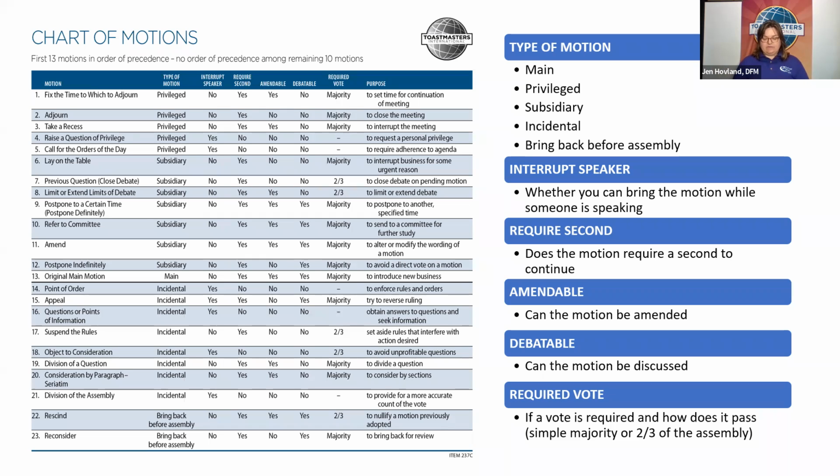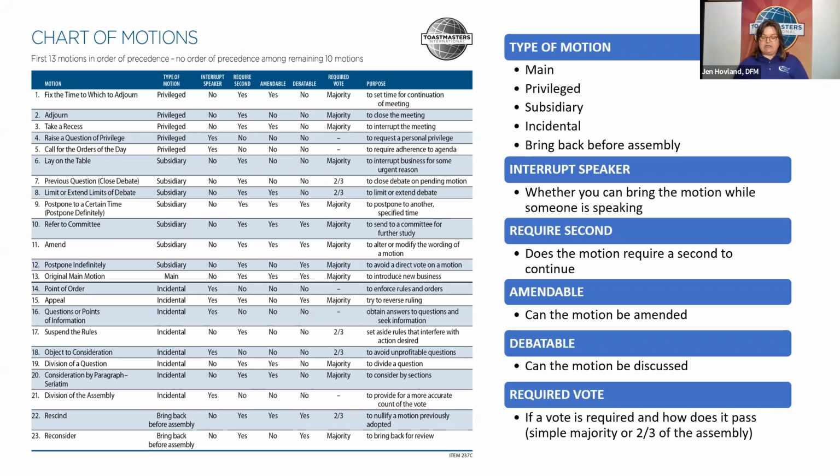There are 5 types of motions, which is the second column in the chart of motions. And they are main motions, which you're used to hearing, I motion, I move, that get something started for a vote. Privileged motions, those are items that are urgent and important, but unrelated to the current business at hand.